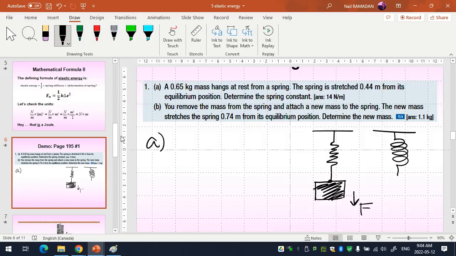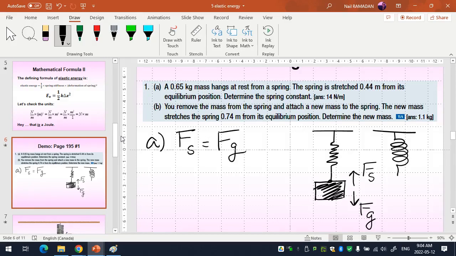Its own Fg, but what's holding it up? We can call it anything, right? We can call it force applied. We can call it force spring. Let's call it force spring, Fs. Nora, are those two equal? Yes, they are, because the mass is neither moving down nor moving up. So that means Fs must equal Fg.